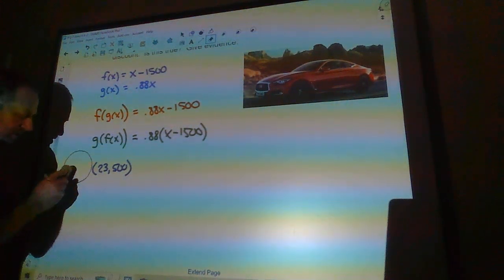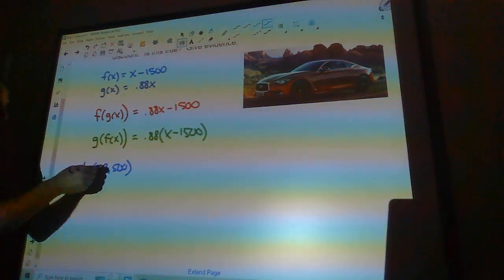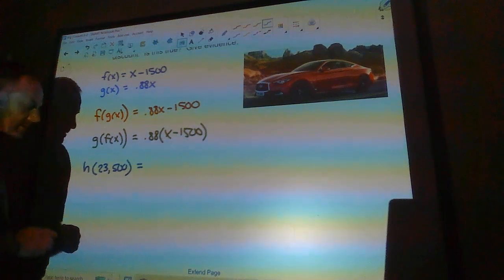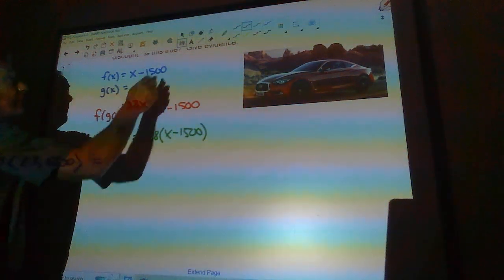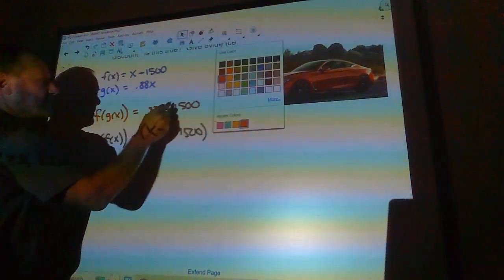And you know what? Let's not call it f. Let's call it h, because we'll call these h of x. Okay. So in the first one, let's just make this red so it matches this one.